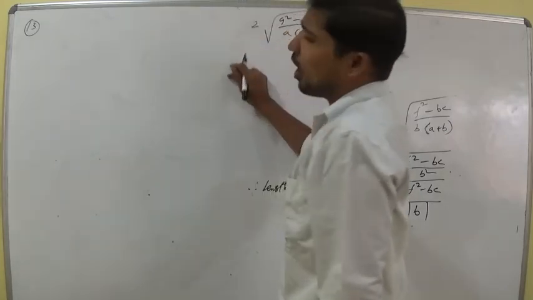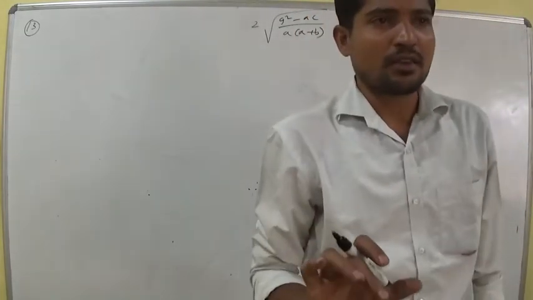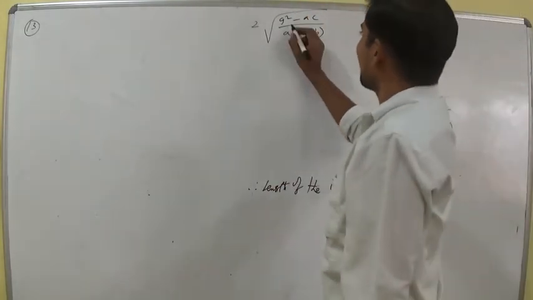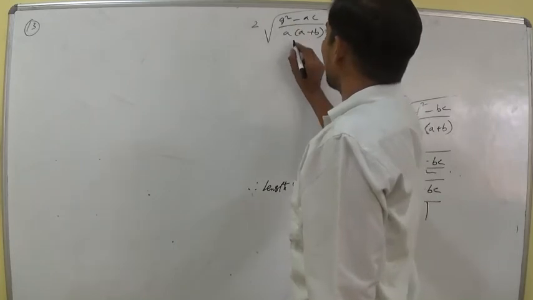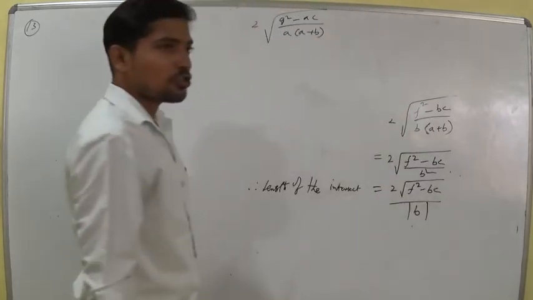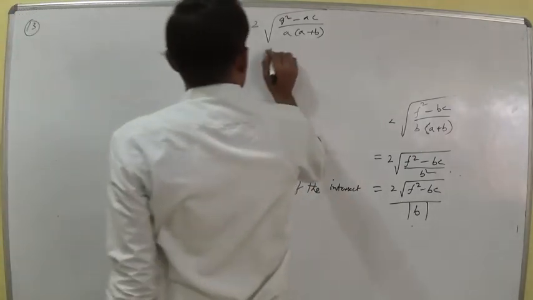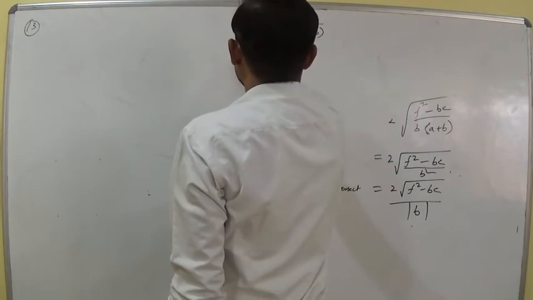Here the point is on the x-axis. When the point is on the x-axis, at that time the y coordinate becomes 0. Y coordinate becomes 0 means b becomes 0.